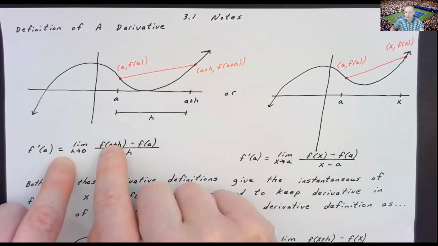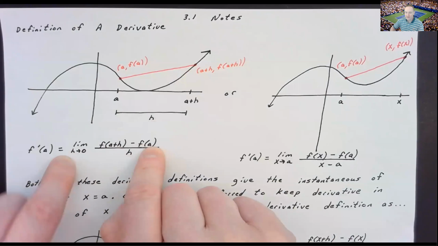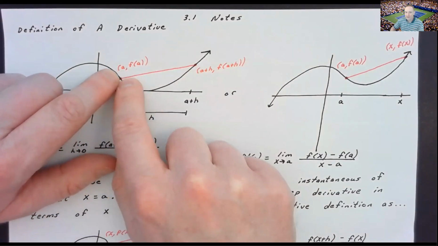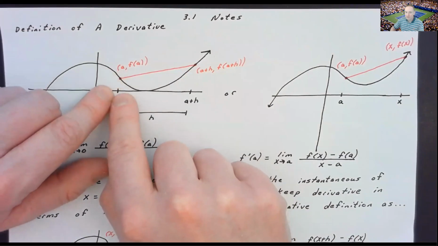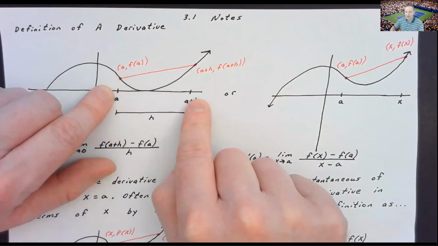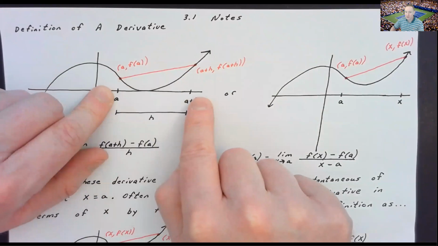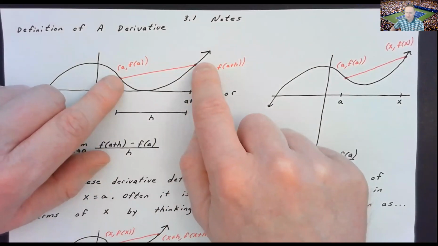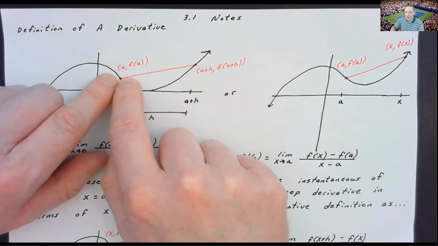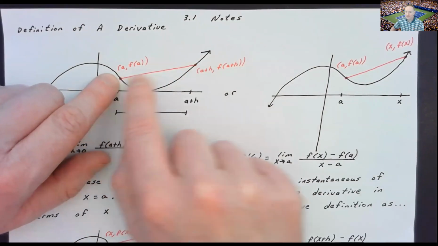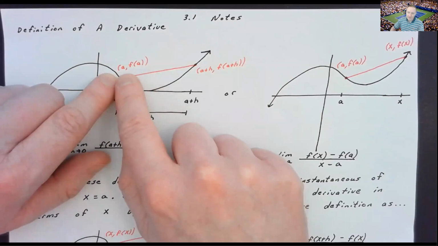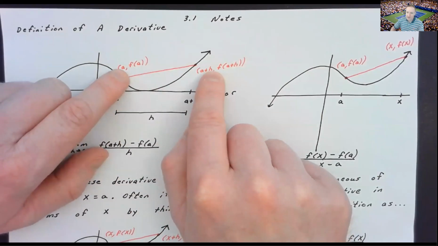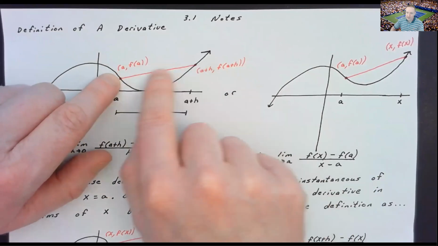First of all, that numerator, f of a plus h minus f of a, all that's saying is that if I want to find out what happens at a, go to some point to the right-hand side of a, a distance of h units to the right of it, and then plot that point out. If I said, well, okay, f of a plus h minus f of a over h, where h is the distance in the x values, that would be the slope of this red line.